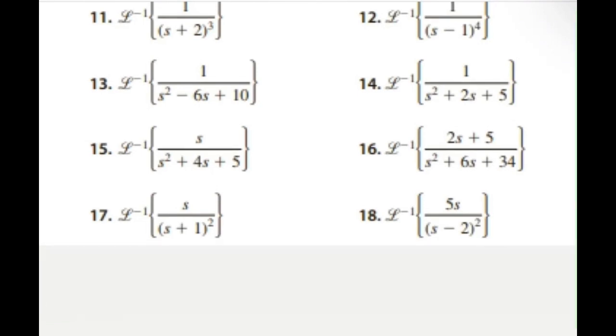Let's try number 17. Find the inverse Laplace of s over s plus 1 square. Alright, so we want to decompose this function into partial fractions.